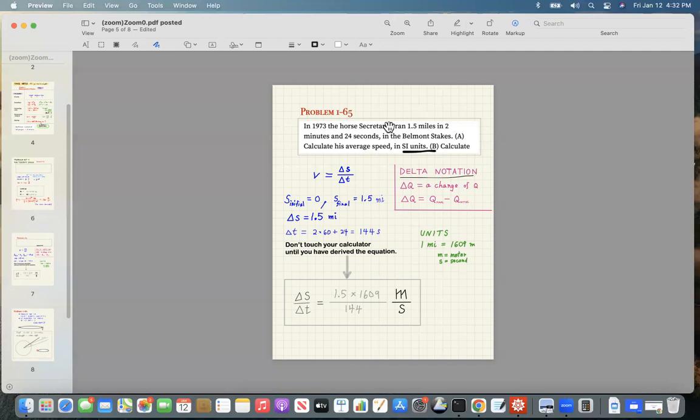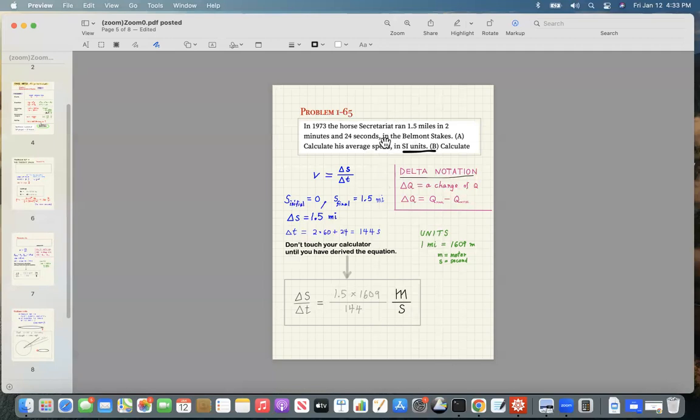You know, Secretariat, one of the fastest horses in history, could run at this speed, about 16 meters per second. How fast can a human sprinter run? Well, the world record for the 100-meter dash is about 10 seconds.